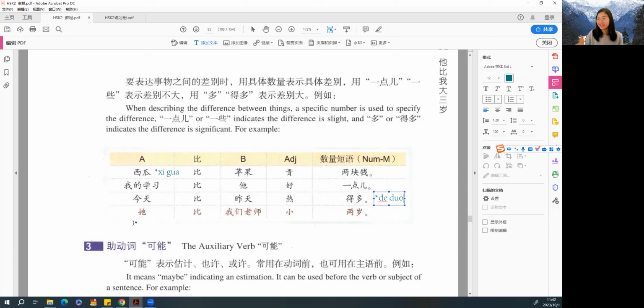All right, the last sentence. 他比我们老师小2岁. So this is also the same as we use as a comparison, and then we add detail following the adjective. So how is the detail? How is the adjective's detail? So if we want to say younger, how old?